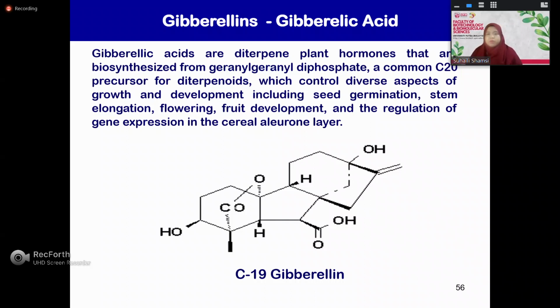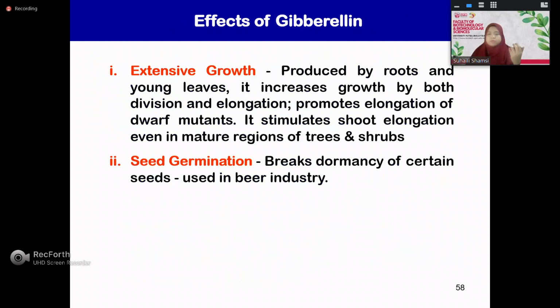And basically, when we talk about gibberellic acid, it can also be used in the industry, in the brewing process, right?